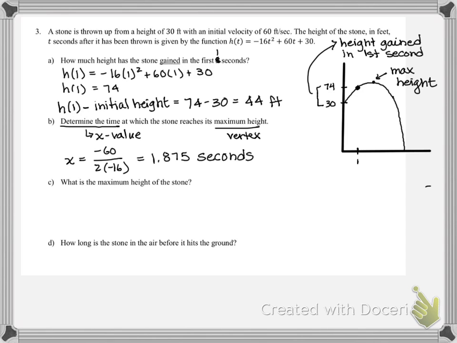And then what am I finding in part C? The y-coordinate of the vertex, right? So what is the height? So this is the y-coordinate. I always say coordinate and then write value because I don't like spelling coordinate. Y value of the vertex.